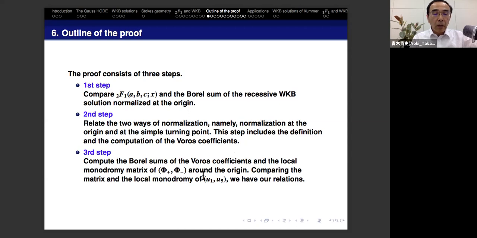And in the third step, we compute the Borel sums of the Voros coefficients, and also we compute the local monodromy matrix of the Borel sum of WKB solution around the origin, and comparing the matrix and the local monodromy matrix of classical basis U1, U5, then we have our relations.